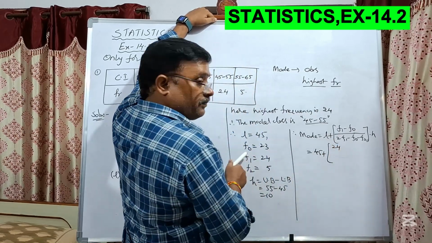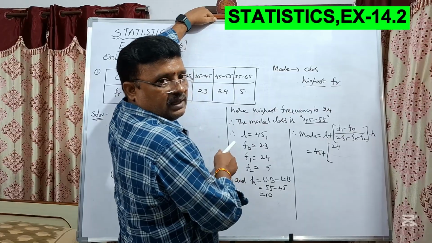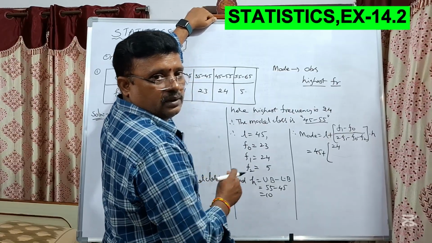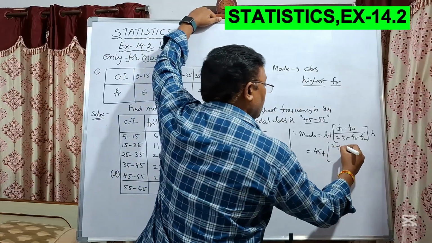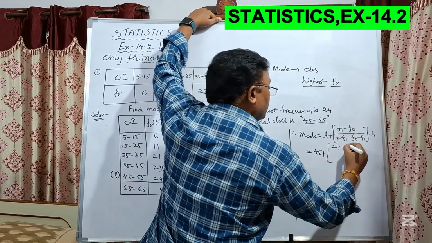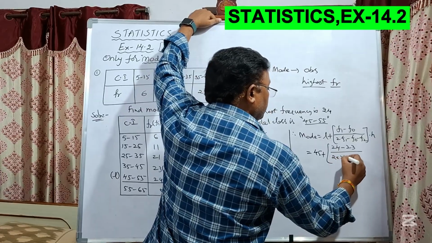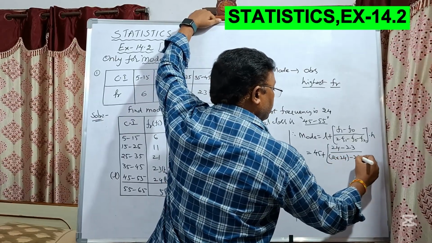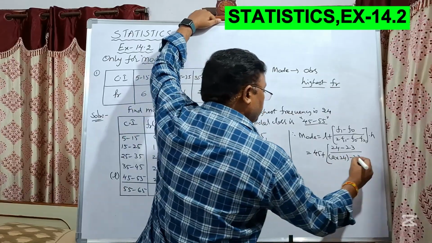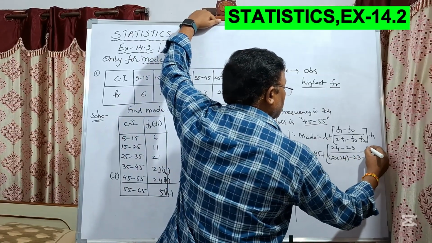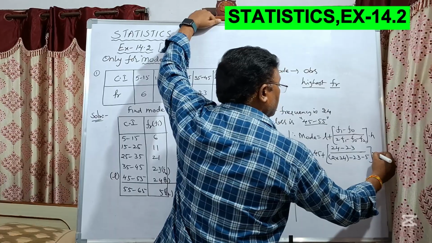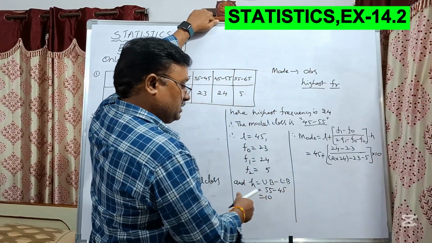Please keep it in mind. First f0 will be there, next f1, next f2. Minus f0 value 23 by 2 times f1 value 24 minus f0 23 minus f2 value 5, into h value 10.